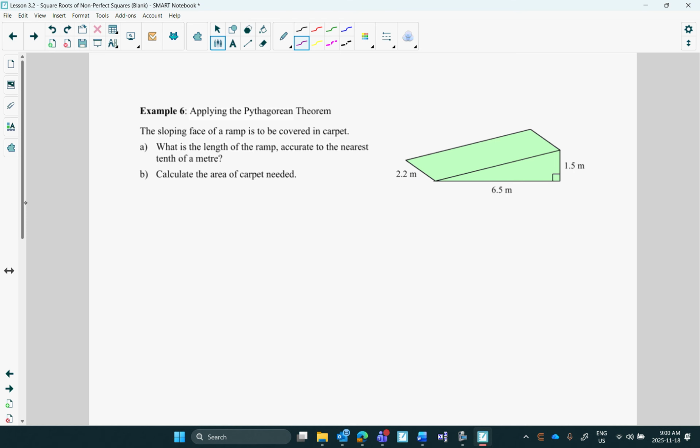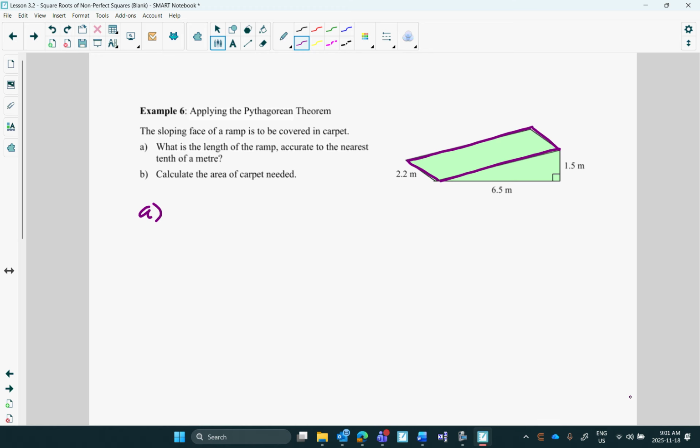Okay. So the sloping face of a ramp is to be covered in carpet. So this here, we're not going to cover the sides or the back or the bottom. Just that is going to be covered in carpet. In order to figure out what that's going to be, I've got to do something first. I know this is 2.2, but I don't know what this is.